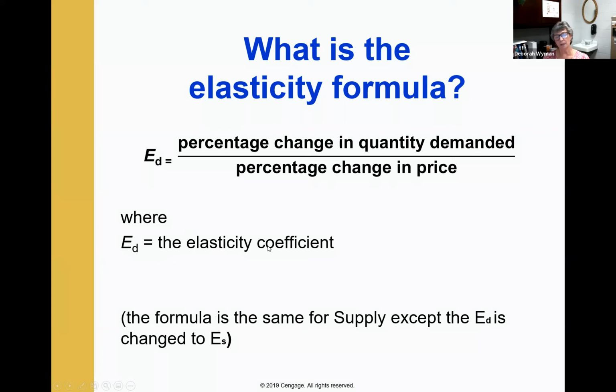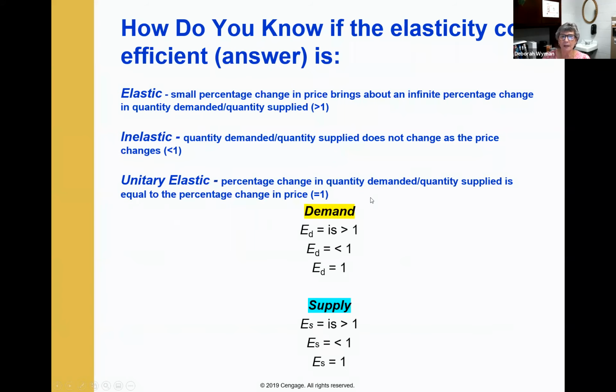The coefficient in this case just means the number that you calculate. The formula is the same for supply, except this little d is an S instead of a D. So that's simple, right?